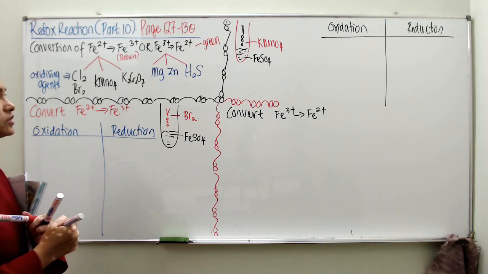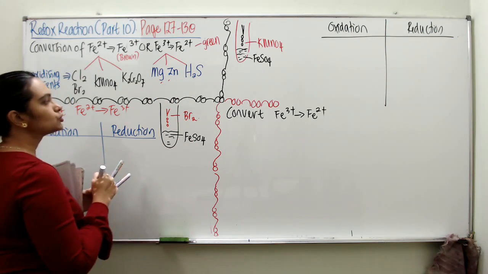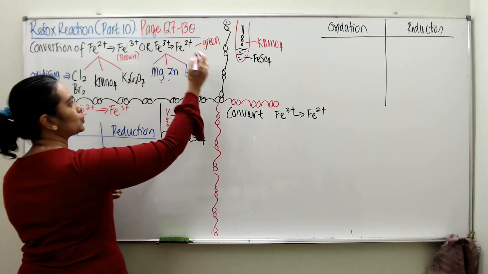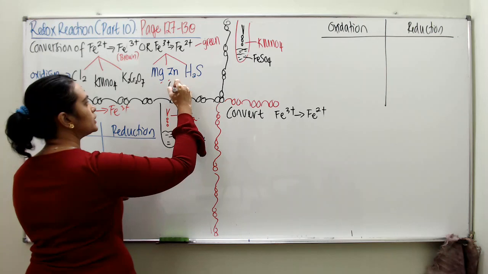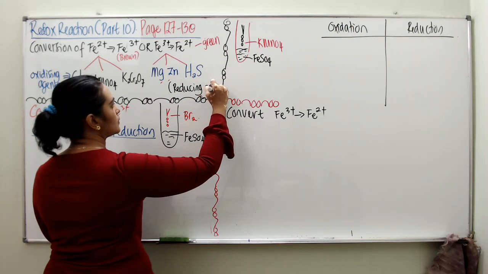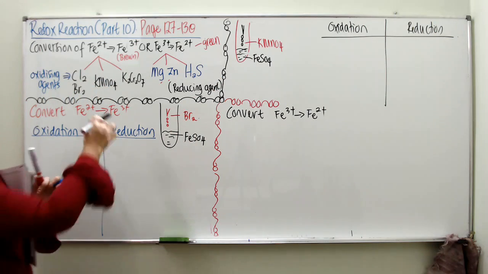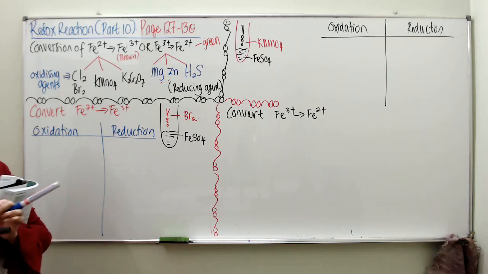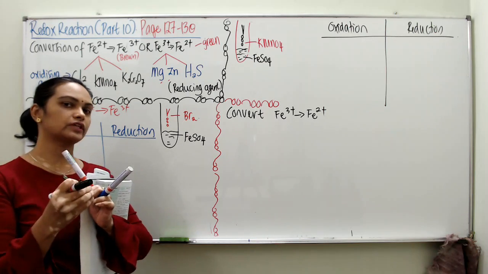For your syllabus, we usually use a lot of magnesium and zinc. So please remember, in order to convert iron 3 ion to iron 2 ion, you need a reducing agent. I hope you can understand the concepts, the introduction of which will be used as oxidizing or reducing agent.